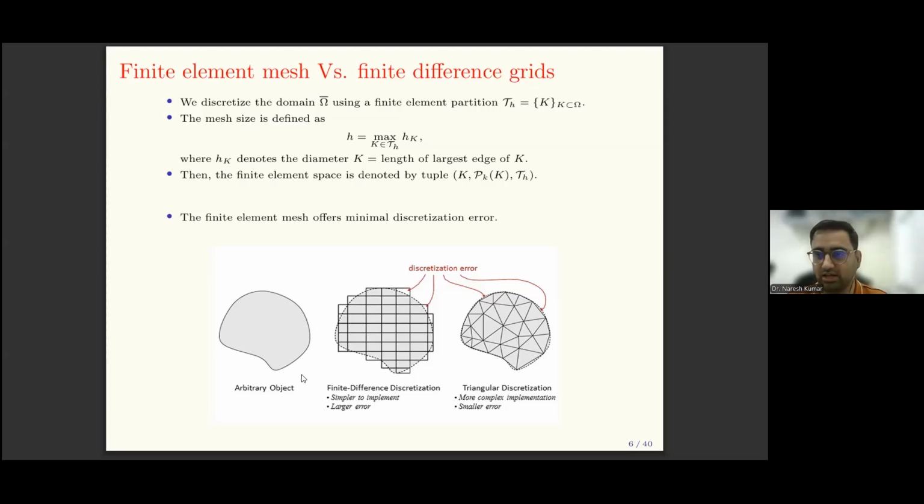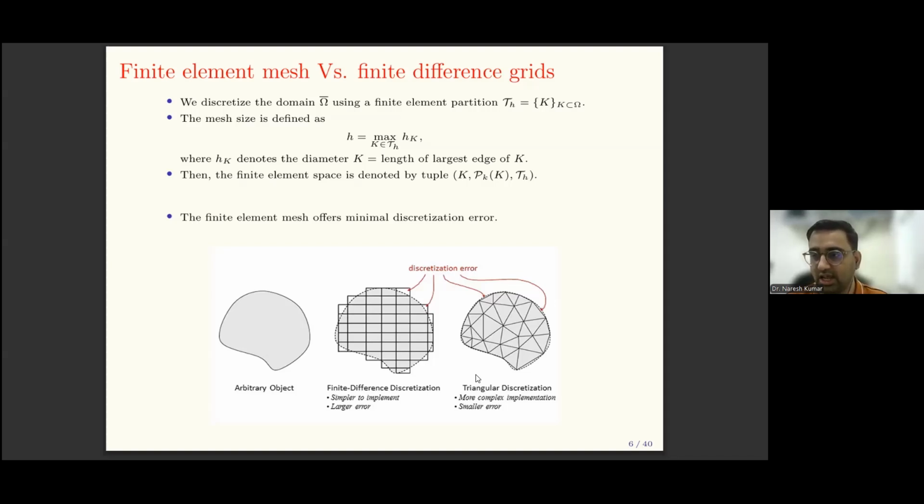So we use the P_k polynomial space, and T_h is the collection. The finite element method actually gives a minimal discretization error, because if this is a domain and you apply a finite difference scheme, you can easily see that the discretization error is large. But if you apply the triangulation instead of the finite difference, the error is very small.